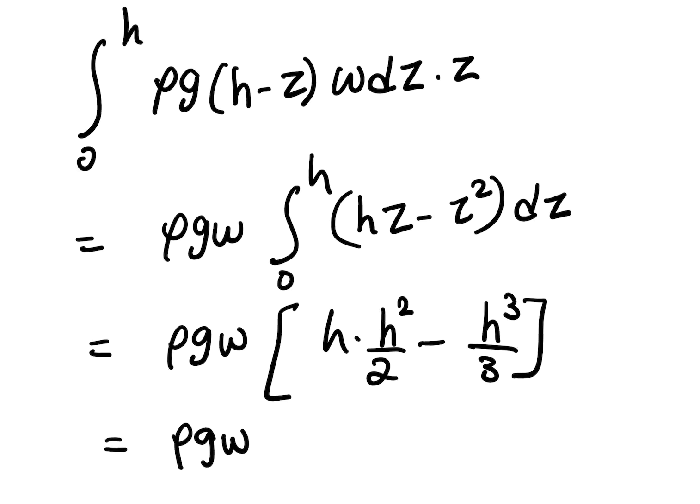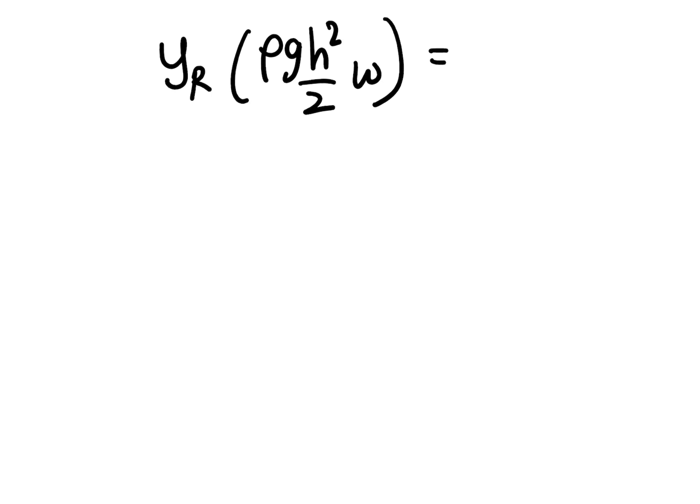Or this is rho g W H cubed. I have 1/2 minus 1/3, which is what? Which is 1/6. That's right. So I have ZR times rho g H squared over 2 times W equals rho g W H cubed over 6.